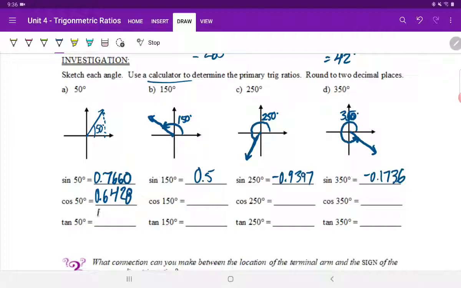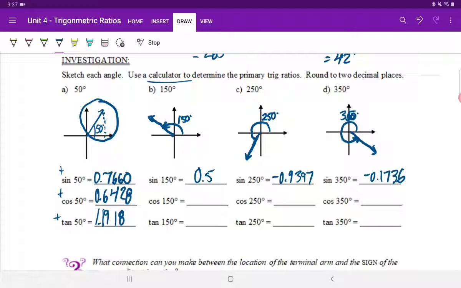Tan of 50, the ratio of the opposite to the adjacent side, is 1.1918. And again, it is also positive. You'll find that when you punch those into your calculator, you get a positive value. And it has something to do with the quadrant that it's in.